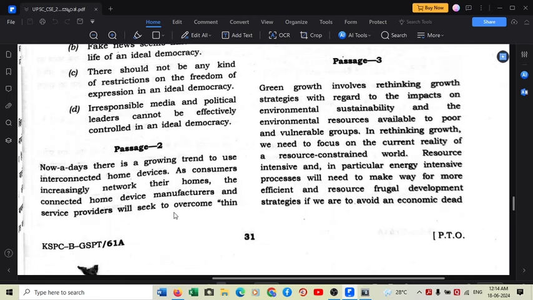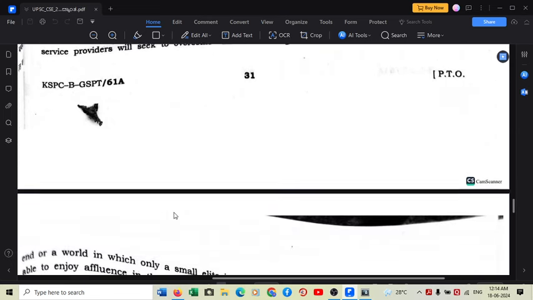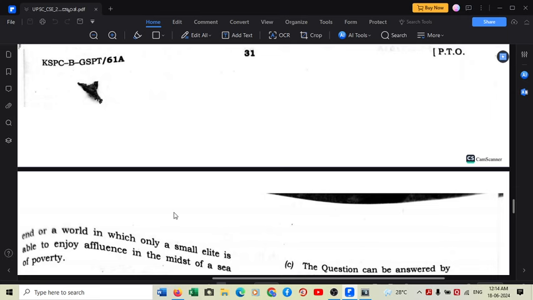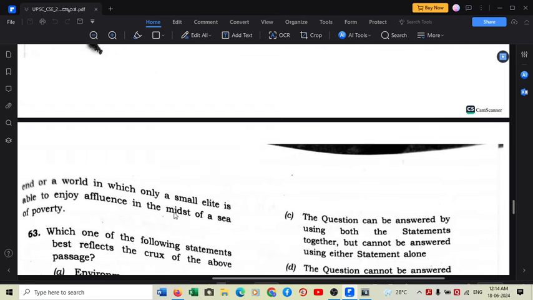Resource intensive and in particular energy intensive processes will need to make way for more efficient and resource frugal development strategies if we are to avoid an economic dead end or a world in which only a small elite is able to enjoy affluence in the midst of a sea of poverty.